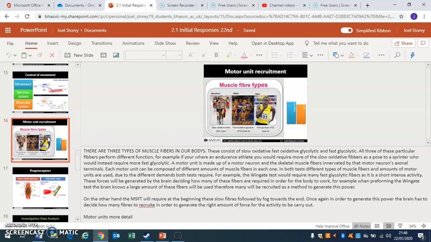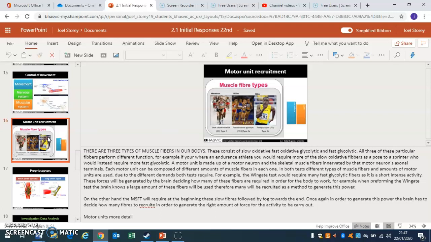In both tests, different types of fibers and amounts of motor units are used, due to the different demands both tests require. For example, the Wingate test would require fast glycolytic fibers, as it is a short, intense activity. These forces will be generated by the brain deciding how many of these fibers are recruited in order for the body to work.